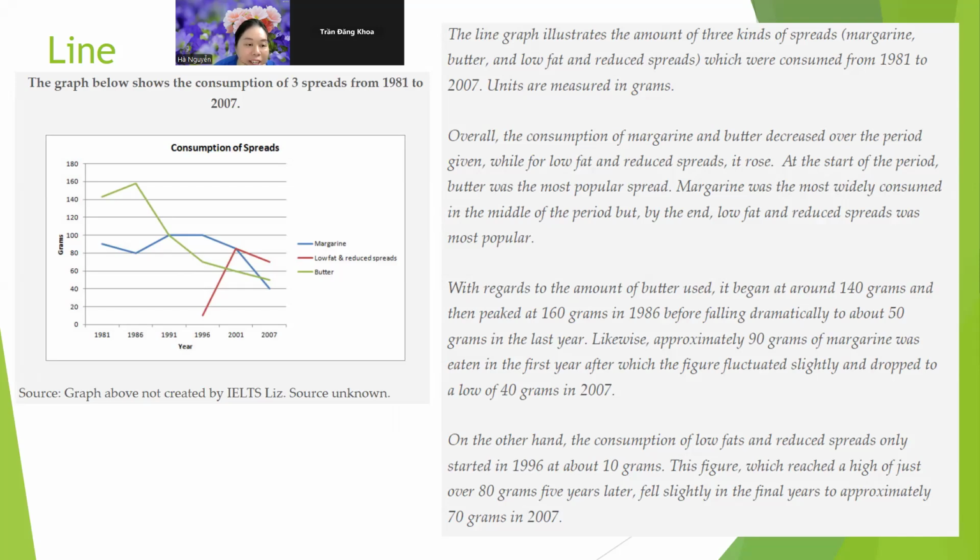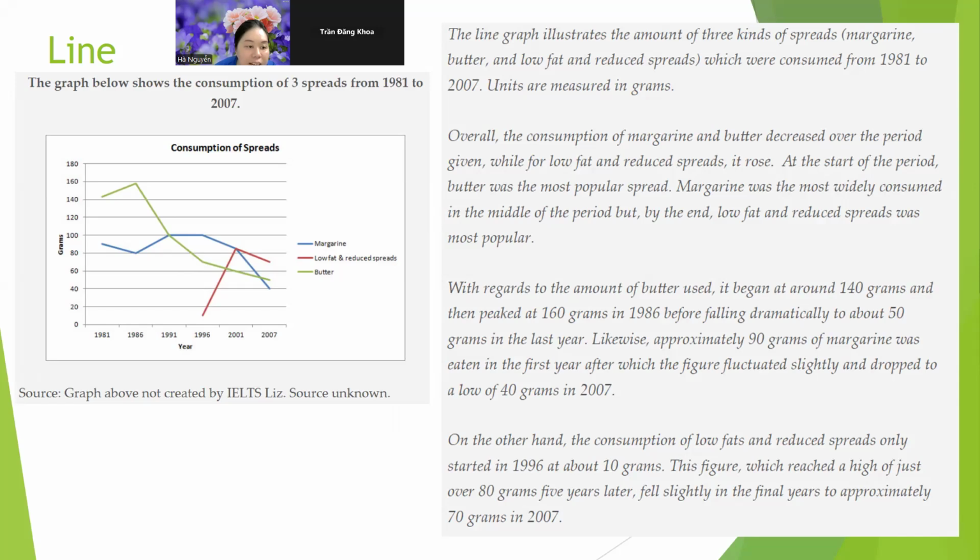Good job. Well done. So at the beginning of the period, which spread was consumed the most? The butter. Yeah. At how many grams? About how many grams? About 140 roughly grams. All roughly right. Approximately over 140 grams. Good job. So butter was the most common at the beginning of the period, right?